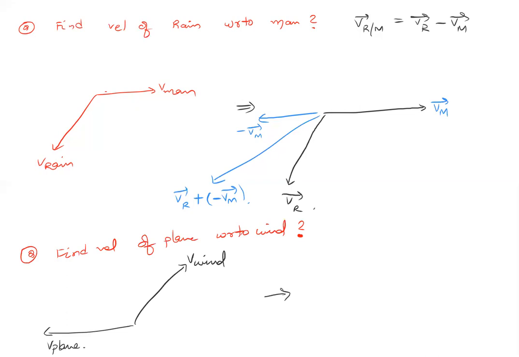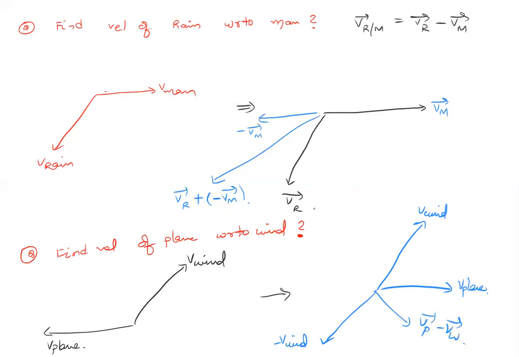Now if you are extending this idea, velocity of plane is on this side, velocity of wind is on this side, minus of velocity of wind is this side. So obviously you will have velocity of plane with respect to wind is velocity of plane minus velocity of wind, that will be this way. So this is your velocity of plane vector. So this is how you give direction for subtraction of vectors, okay, right.